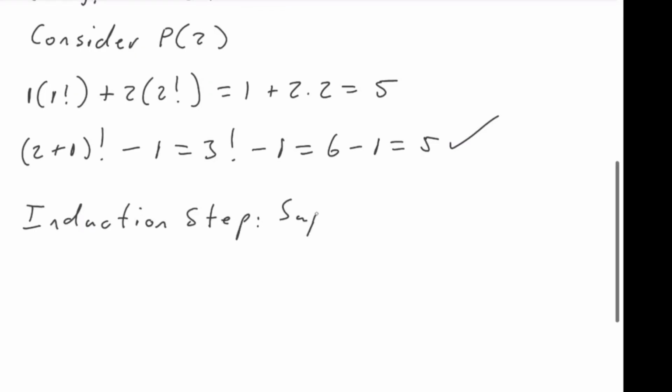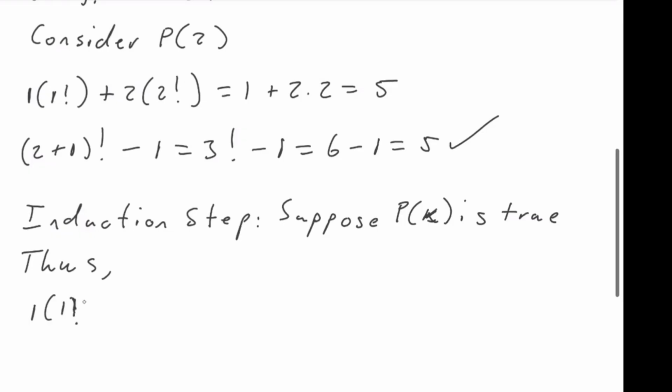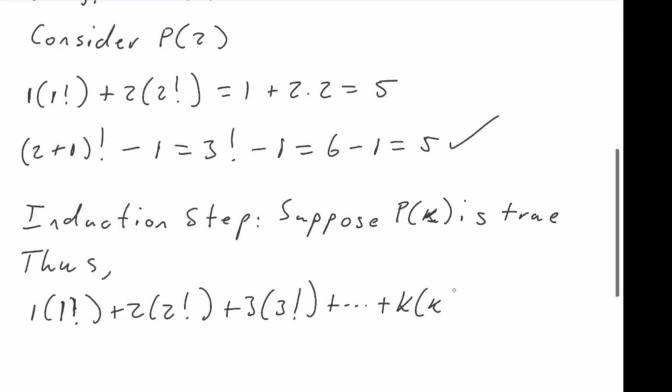So we're going to suppose P of k is true. Thus, we have 1 times 1 factorial plus 2 times 2 factorial plus 3 times 3 factorial plus dot dot dot plus k times k factorial is equal to (k plus 1) factorial minus 1.